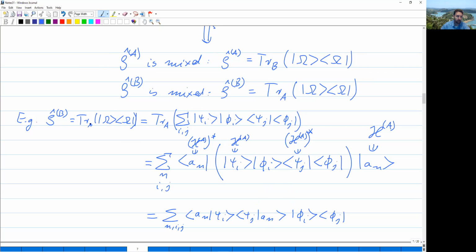After we trace over system A, we are left with an operator on the Hilbert space of system B. That's what we have. This is numbers, and here we have an operator that acts on the Hilbert space of system B, because this is a dual vector in the Hilbert space of system B, and this is in the Hilbert space of system B, right? So this is an operator there. Okay.